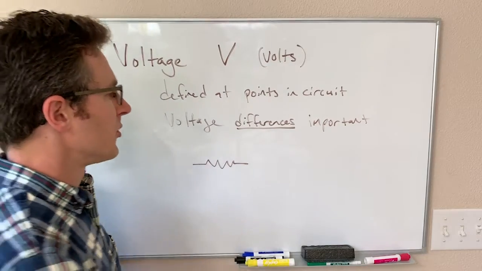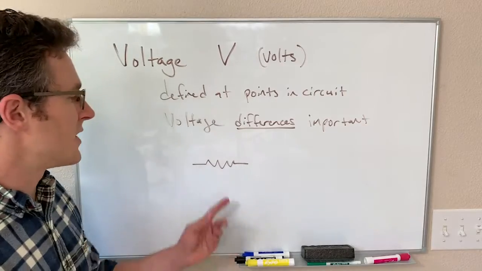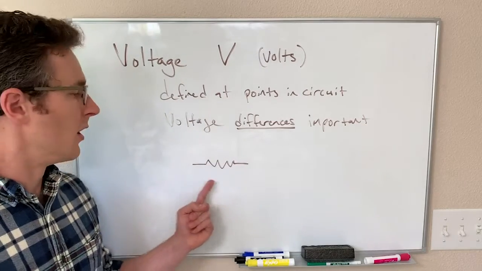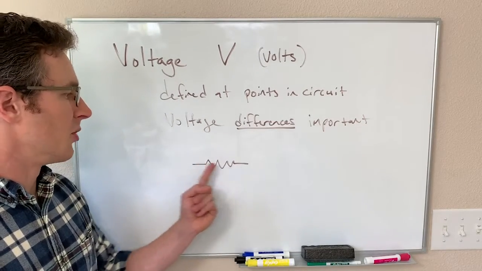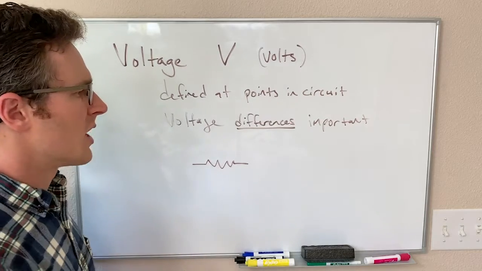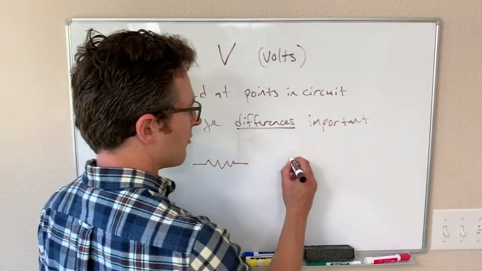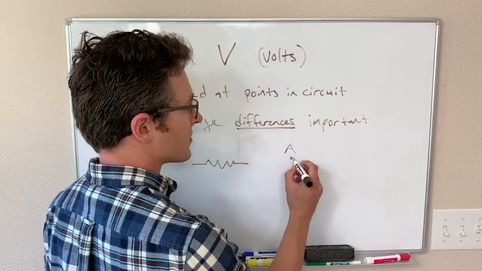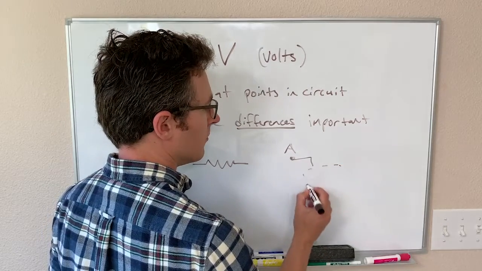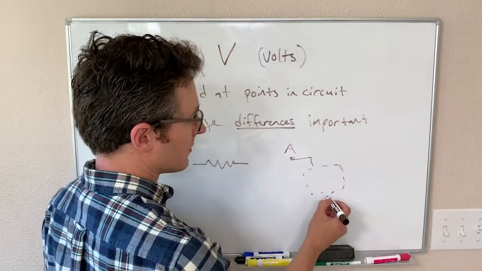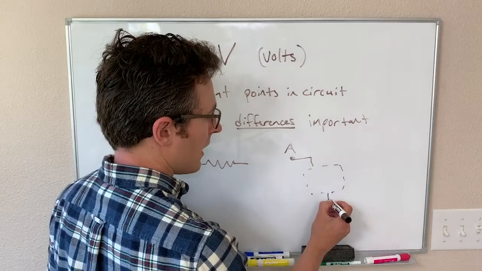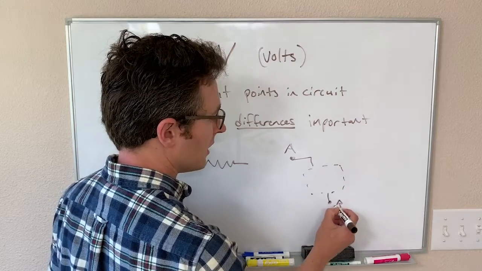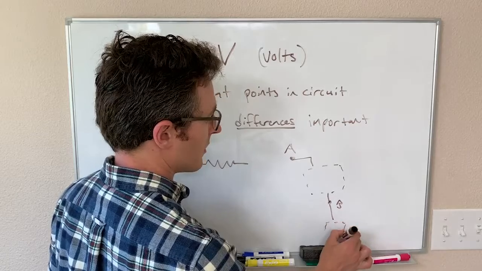We can also look at the voltage difference between 2 points. So in the case of the voltage drop across the resistor, the 2 points are implicit. It's the points on either side of that resistor. We also could have something more complicated where we have some point labeled point A in the circuit, and maybe there's some circuit here that I don't know what it is, it doesn't matter. And then we have some point B, and this goes off to some other stuff.